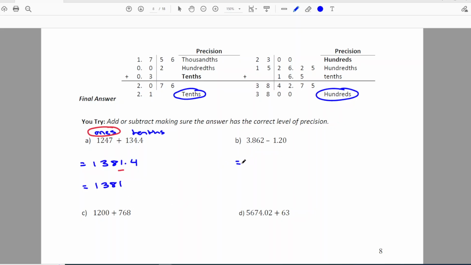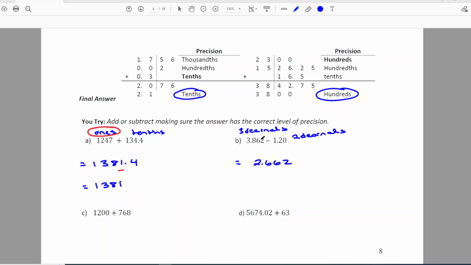Okay, let's look at this next one. Again, plug it into your calculator. 3.862 minus 1.2 gives me 2.662. This is precise to 3 decimal places. This one's precise to 2 decimal places.